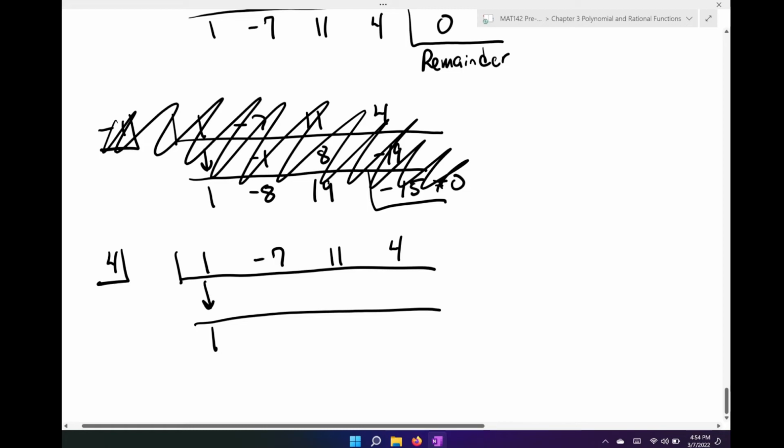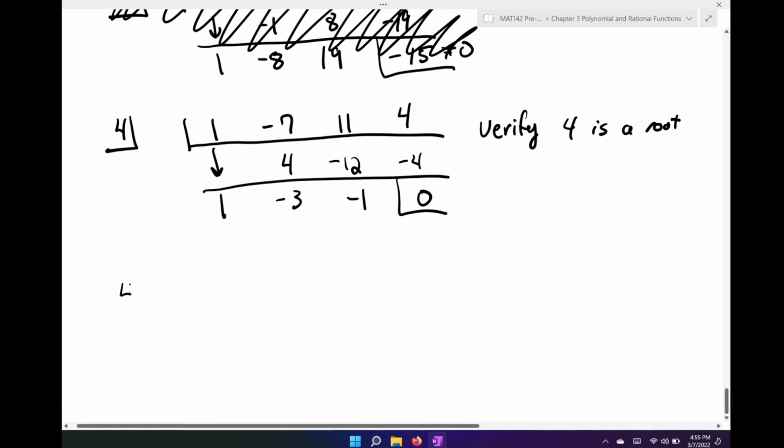It's just -1 does not have a multiplicity, so use the other root. 4 times 1 is 4. -7 plus 4 is -3. 4 times -3 is -12. 11 plus -12 is -1. 4 times -1 is -4. And -4 plus 4 is 0. That is good, but all this did was verify 4 is a root. I need to do it again to see if there is a multiplicity here.